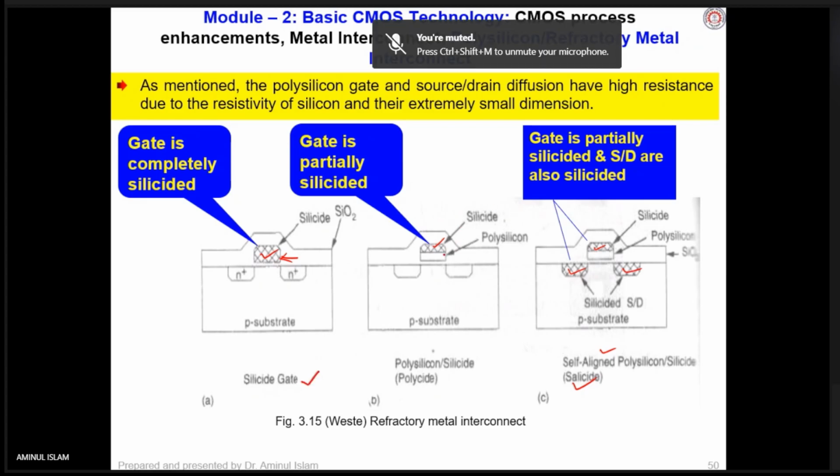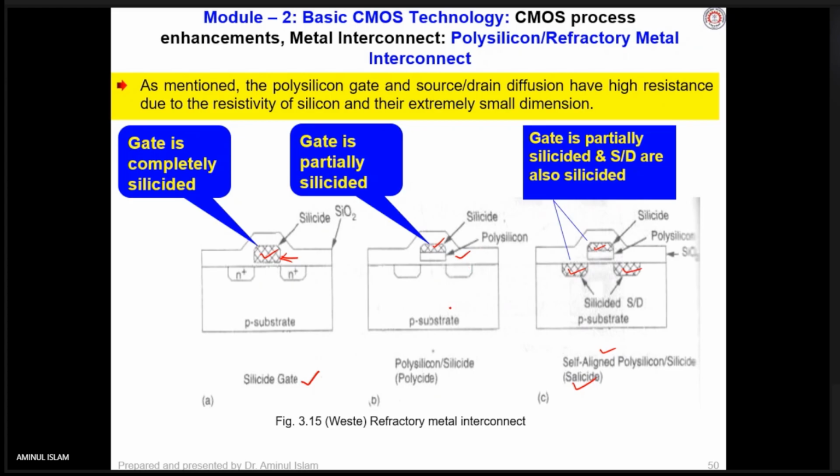If partially silicide and partially polysilicon, then we call it polycide gate. If the N plus region or P plus region and the gate are also partially polycide, then we call it salicide, self-aligned silicide. Okay, so these are the various ways to reduce the resistance of these regions.